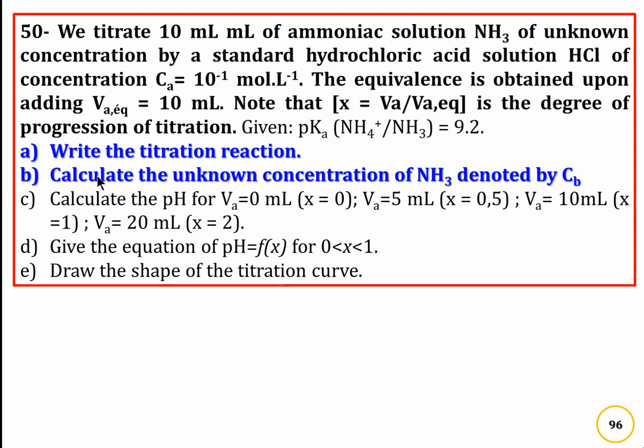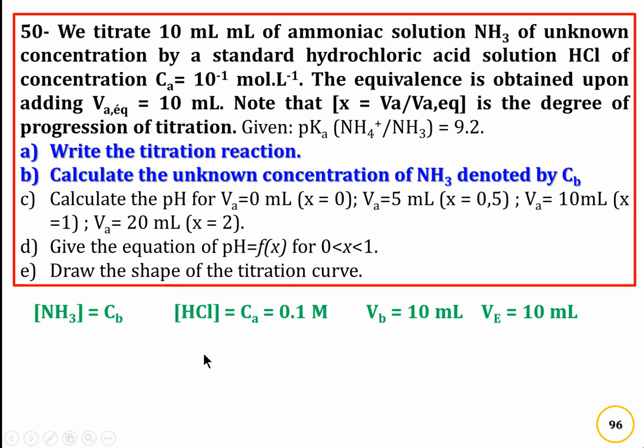So question A, write the titration reaction between ammonia and H3O plus, the strong acid. We will have a complete reaction. So NH3 plus H3O plus gives NH4 plus plus H2O.